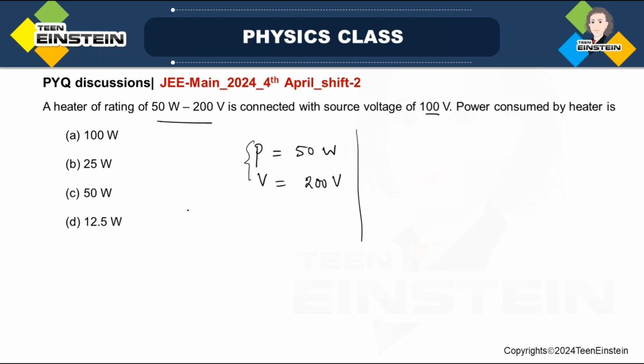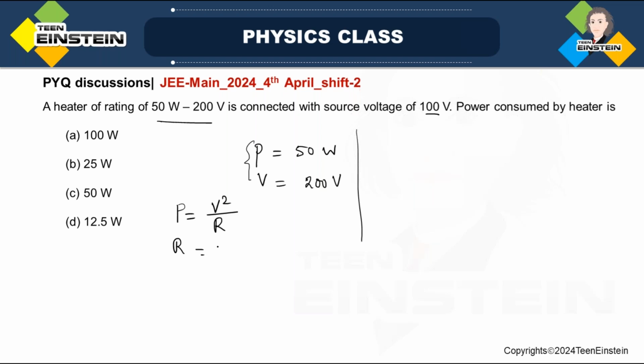Okay, so let me write power in terms of resistance. I can write either I square R or V square by R. I'm using this formula because voltage is given.